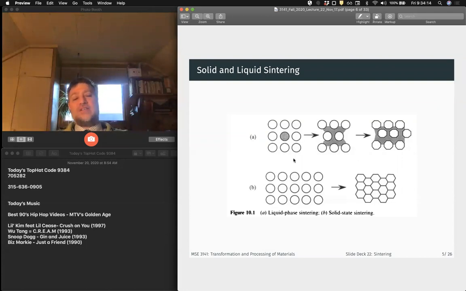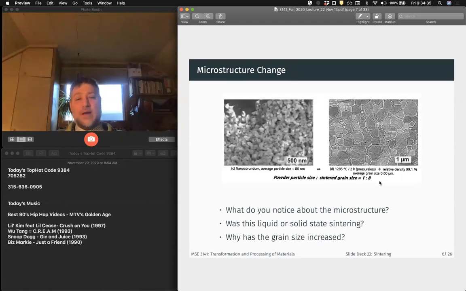In liquid phase sintering, we have some component that melts and wets everything. And we have some shrinkage, but not quite as much, right? So these are the primary differences. We're going to start with solid state sintering, right?